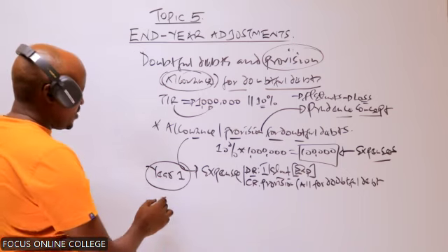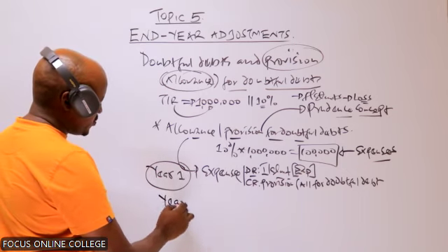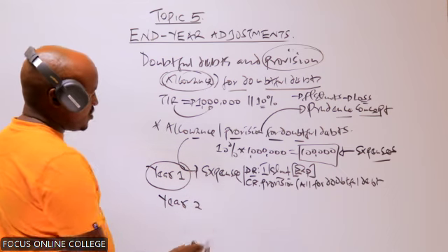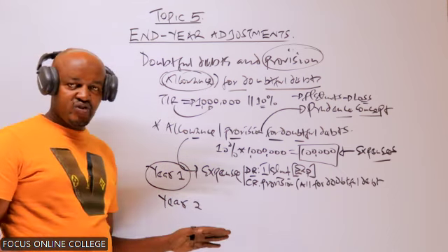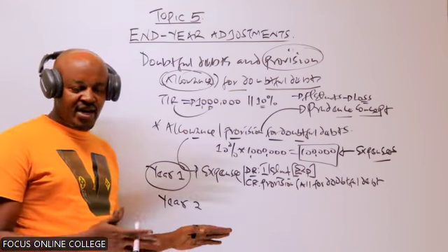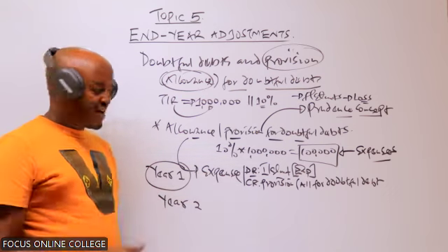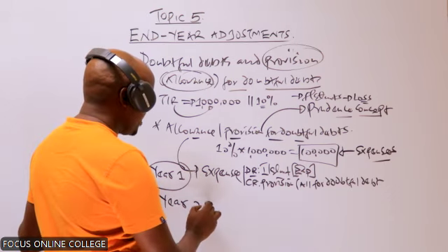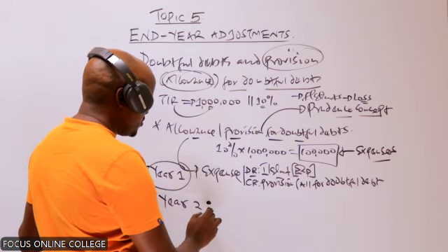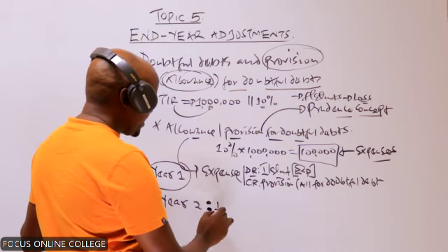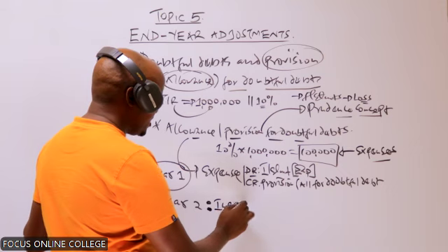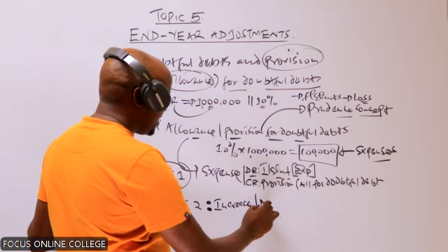But now, when you go to year two, you will also create a provision based on the debtors' balances, based on the amount of money you're expecting to receive from your customers. So in the subsequent year, in year two, what we account for is the increase or the decrease.